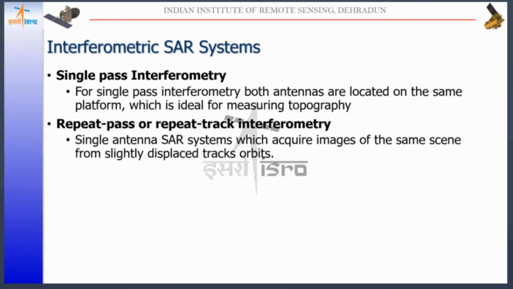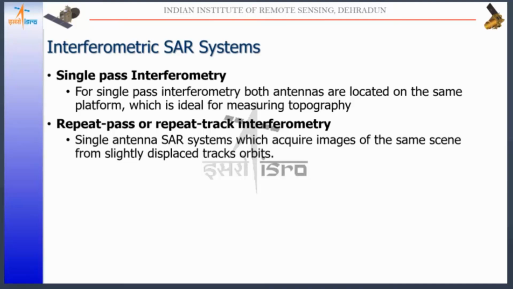So what is repeat pass, or repeat track, interferometry? A single antenna SAR system acquires images of the same scene from slightly displaced orbits. It acquires the same scene with two different orbits, and the displacement between the two orbits is very small. That is called repeat track interferometry.